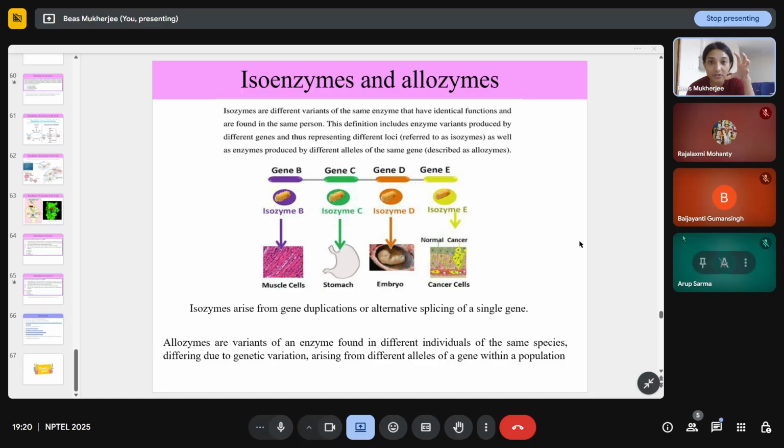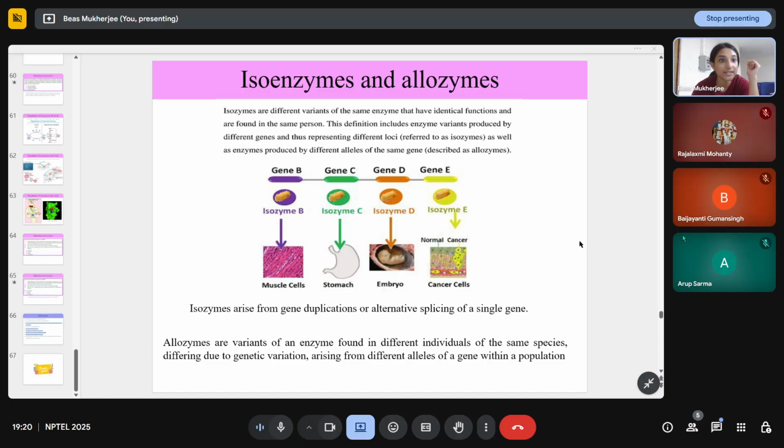So see, gene B is giving a particular form of the enzyme, and this is found in muscles. Form C is found in stomach, form D is found in embryo, form E is found in cancer. So isozymes arise from gene duplication or alternative splicing of a single gene.